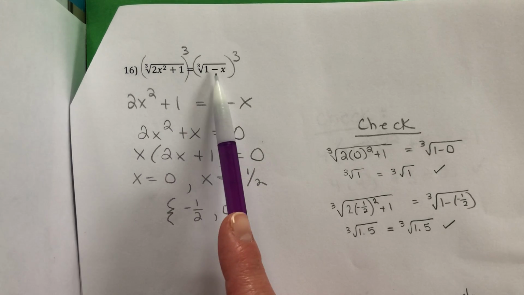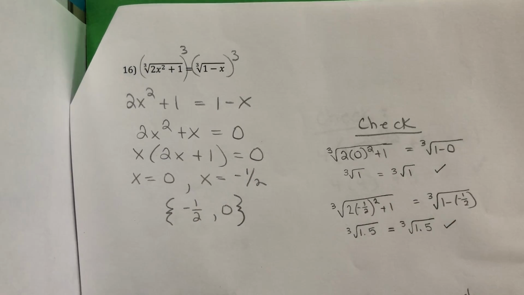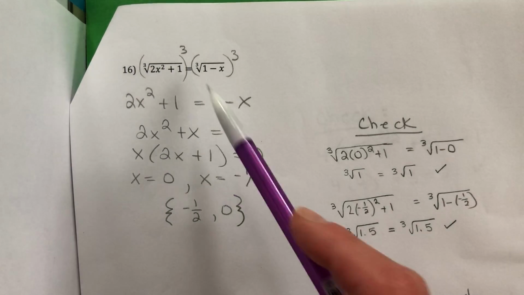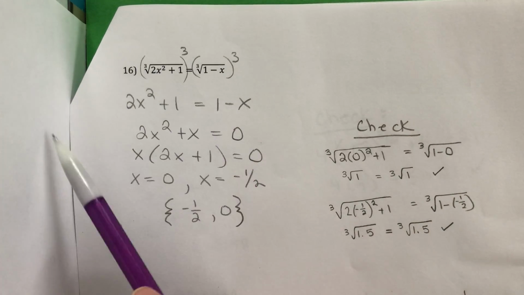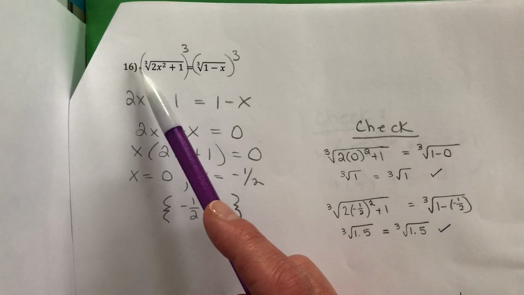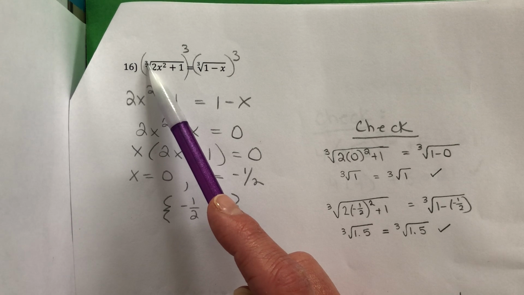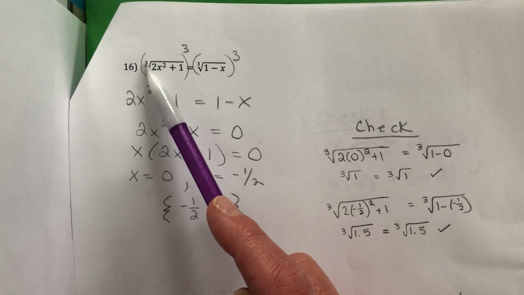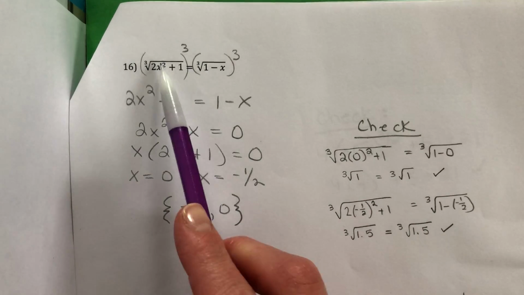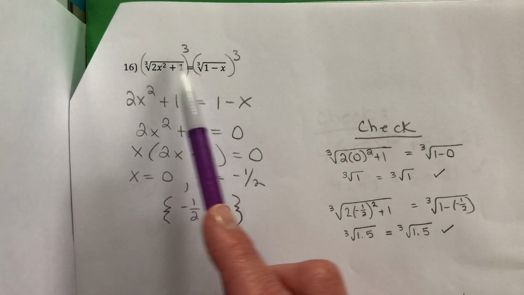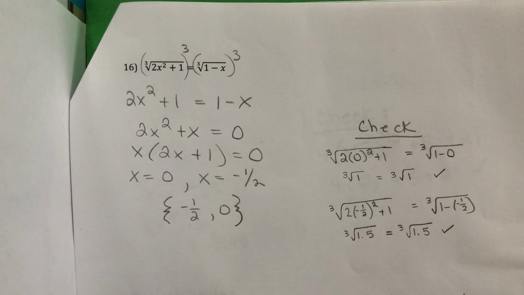Well, this is as isolated as they can get. There's one on each side. So the next thing I'm going to do is cube both sides. You're always raising both sides of the equation to the index value. The index is the number that sits in the cup over here. So for a square root, it's 2, even though we don't write a 2 there. So if I cube both sides, that gets rid of the cube roots on both sides here.